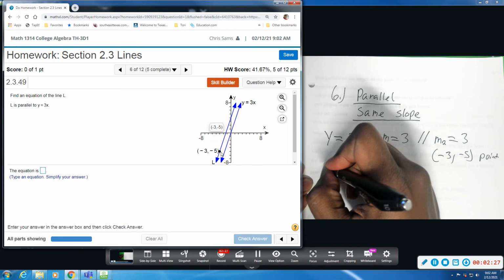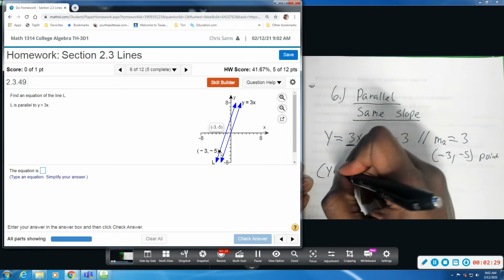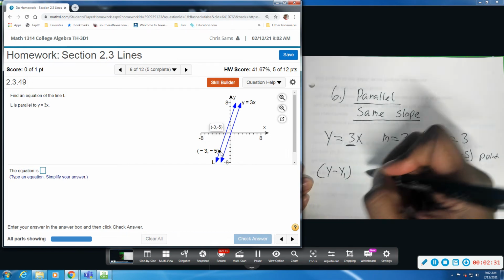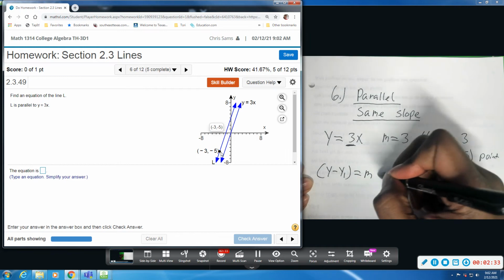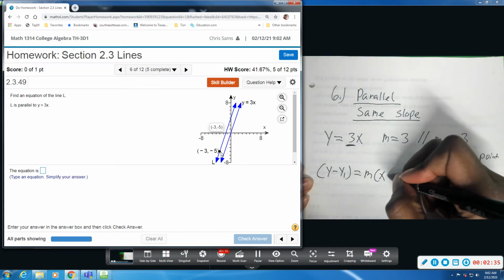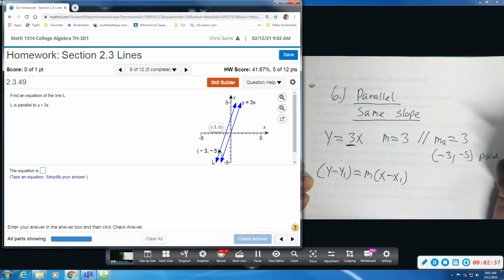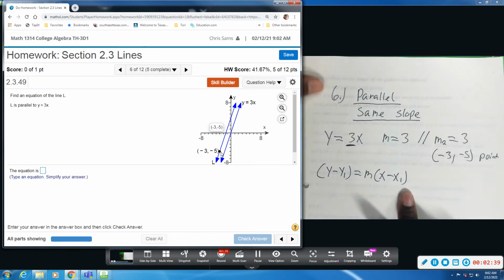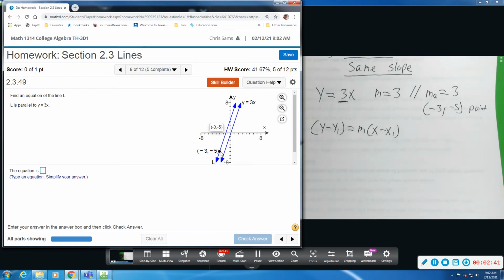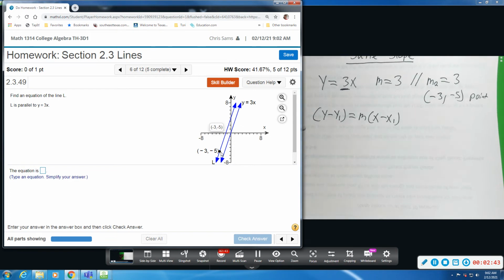All right, so point slope form: y minus y1 equals m times x minus x1, and this time we're going to take it all the way to slope-intercept form. I'm going to show you two ways to do this.